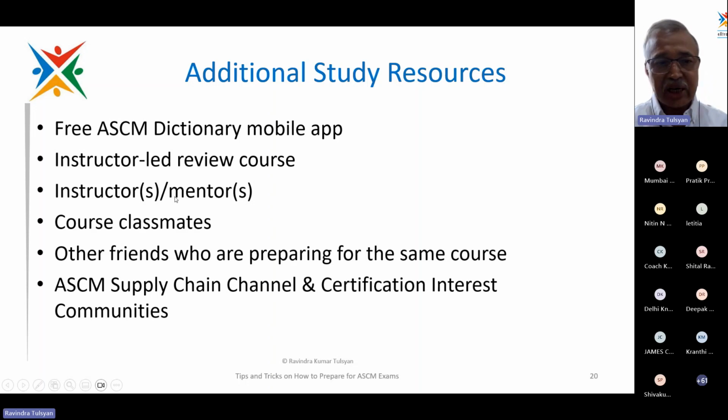If you have any mentor who has already passed the ASCM exam, that is also your resource. The classmates you have in the course are also a great resource. Everybody has a lot of experience and everyone is studying. Other friends who are preparing for the same exam are also great resources.